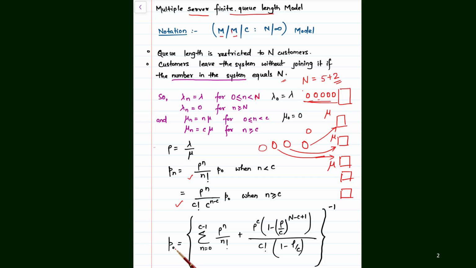If you can remember, you can check your notebook to see what the formula was. This term was there, this term was there, but this term is extra, where n is equal to 5 plus 2, that is 7, for this problem. From here we can calculate p naught, put it here, and calculate pn. Pn means when there are n customers, what is the probability of n customers in the system.